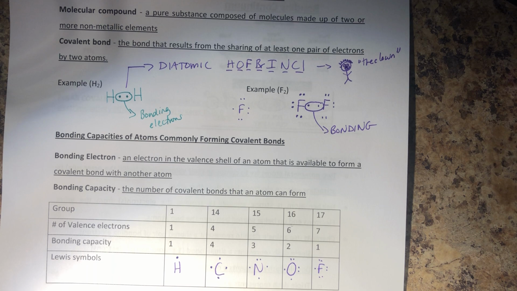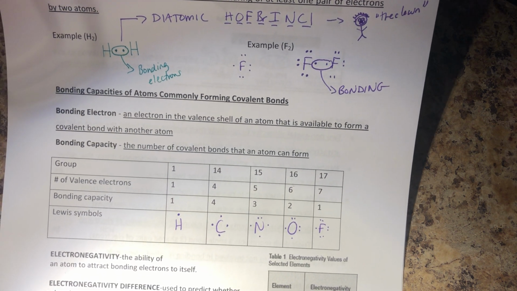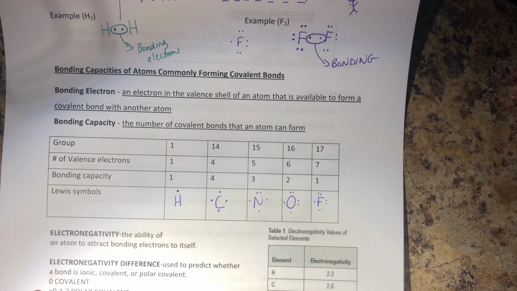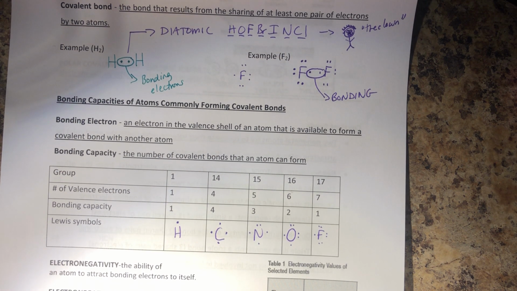How do we know which one it is? We have to look at what's called electronegativity. If you remember back to periodic trends, electronegativity was one of the trends. It is the ability of an atom to attract bonding electrons to itself.